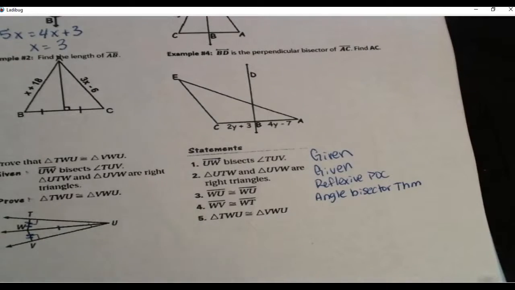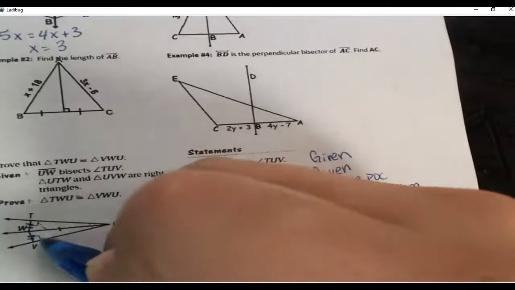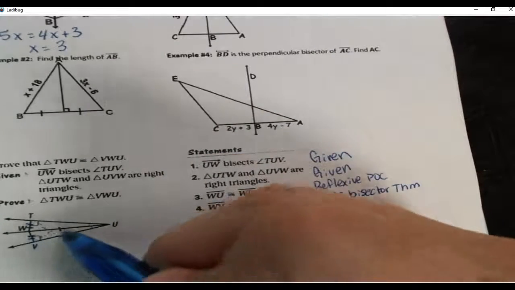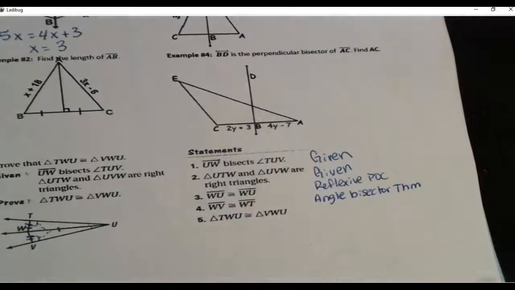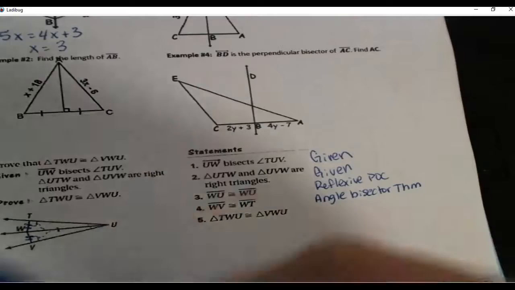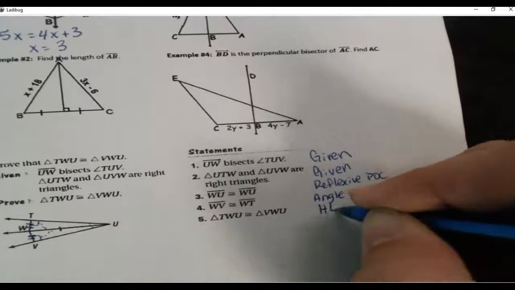Which 5 thing tells me that these two triangles are congruent? If here's my right angle, what is this side in the middle called? Starts with an H. Hypotenuse, good. And then I also know this one, which is a leg. So we know that because it's hypotenuse leg.